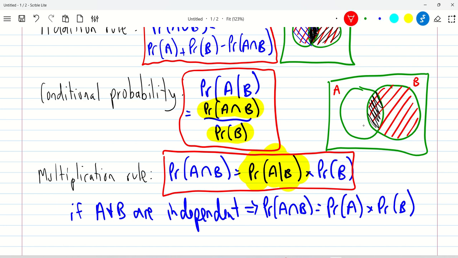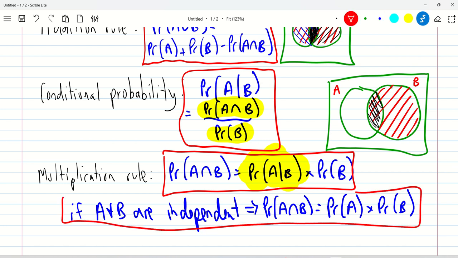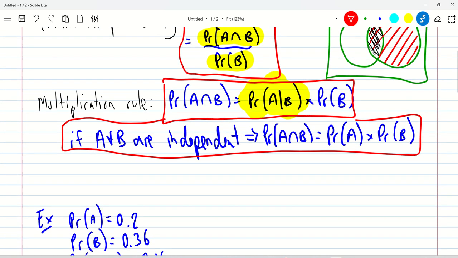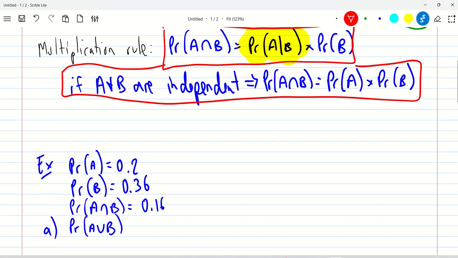That's a big if. If you're going to use that rule, make sure you have confirmed that they're independent. That is the multiplication rule. Very good. Let's go and crack open an example.